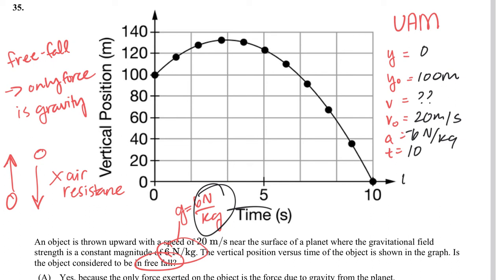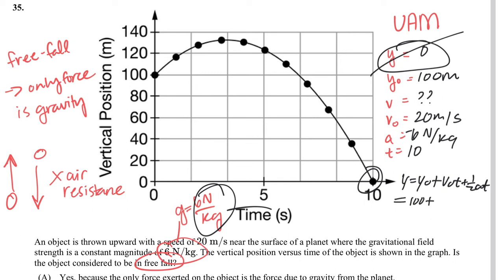So we have y equals y naught plus v naught t plus 1/2 of acceleration times time squared. So y naught, y should be 0. So we're going to test to see if y is 0. So I'm not going to include this in my equation.